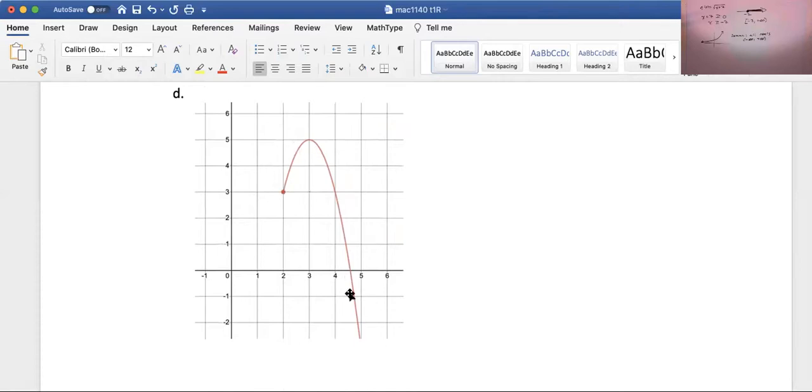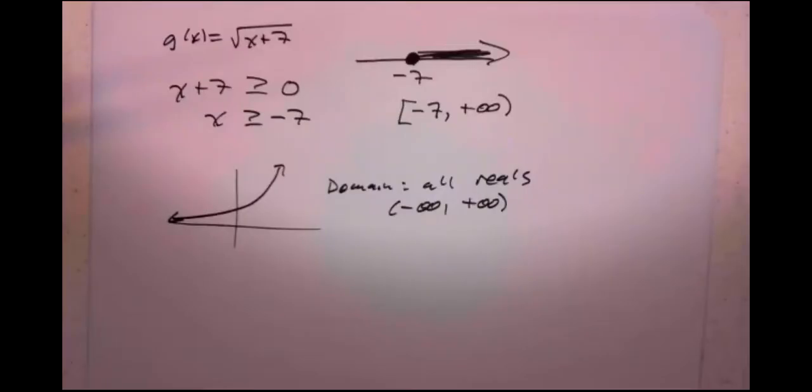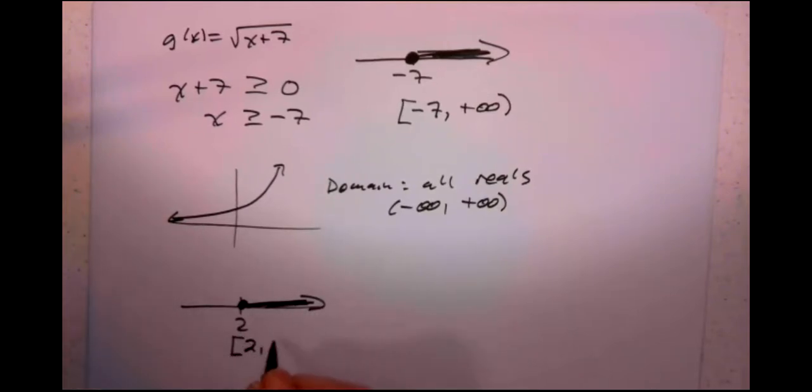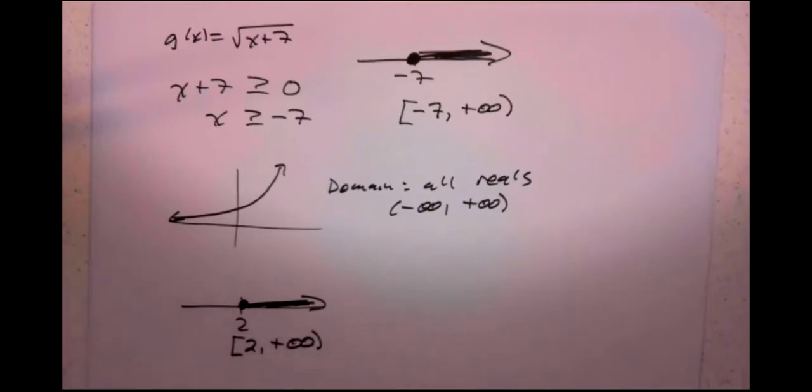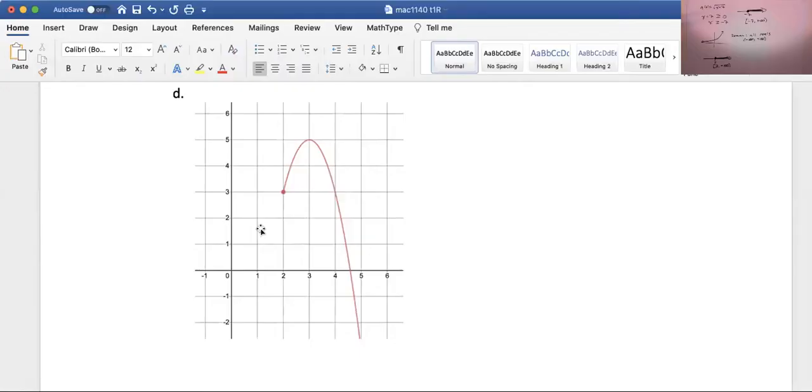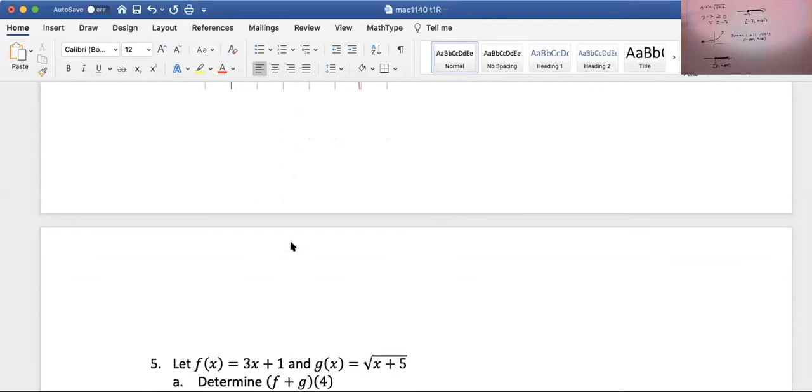So from all the way from 2 to infinity is what we're dealing with there. So 2 works. We had a solid dot there and everywhere to infinity beyond 2. So we're going to take the square bracket. 2 comma plus infinity would be the domain for that function. And that's all of them.